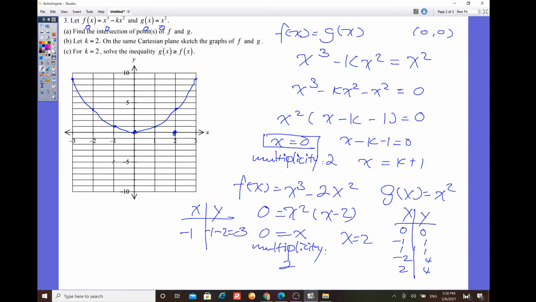So negative 1, comma, negative 3. And the number right between 0 and 2 is 1. So 1 cubed is 1, minus 2 times 1 squared, minus 2. So negative 3 again. So 1, comma, negative 3.